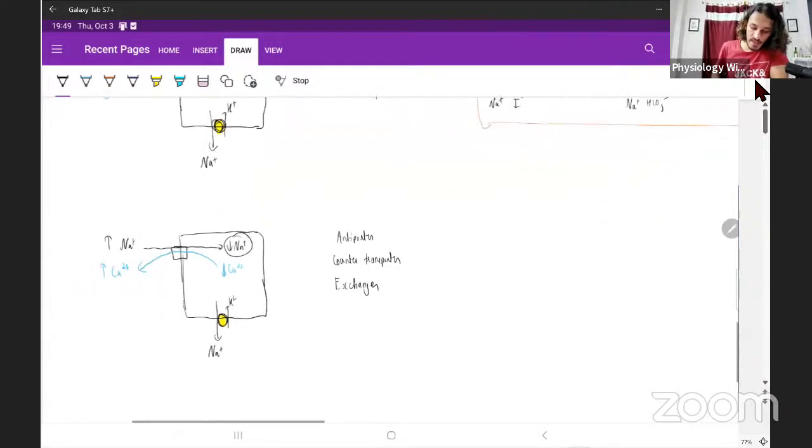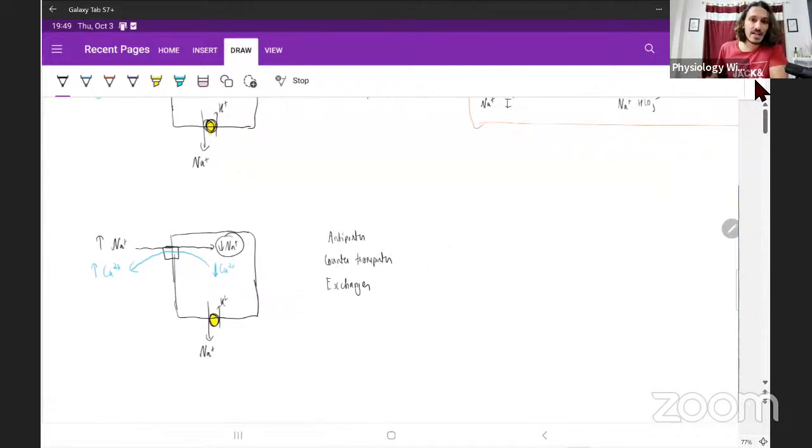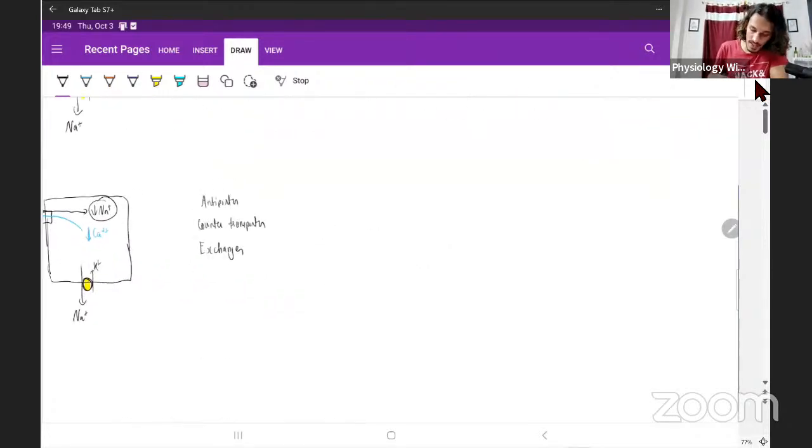Then we have your antiporter. One example is what you just saw, which is called the sodium calcium exchanger. Another one is the sodium hydrogen exchanger, which is called a housekeeper. This is also something we'll come across in GIT and all.